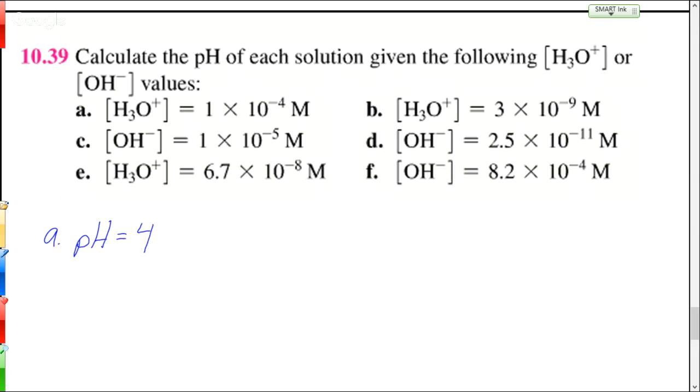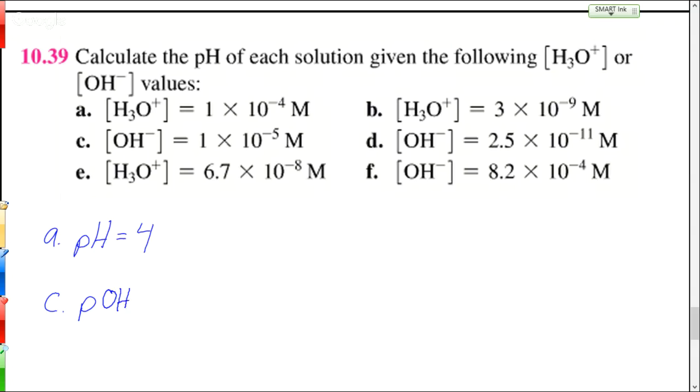Let's go down to C, since that's another one that we can do without a calculator. If the hydroxide concentration is 1 times 10 to the minus 5, what's the pH? It's not 5. It's 9, right? Because 5 would be the pOH.